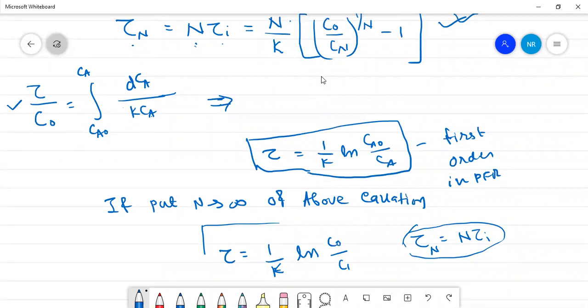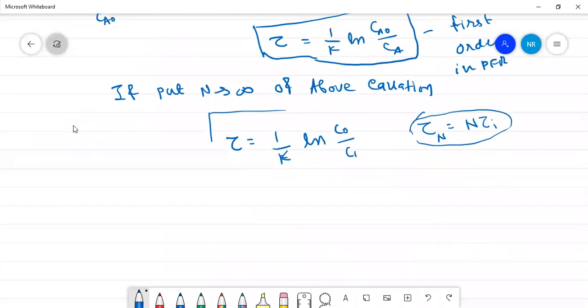Remember? So what is the meaning of it? What is the final conclusion I would like to tell? If I put one plug flow reactor, that is the final fundamental thing.